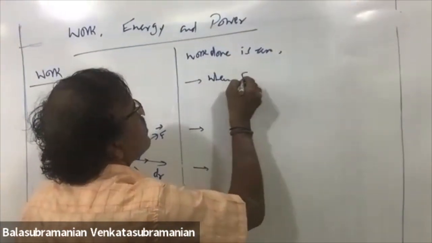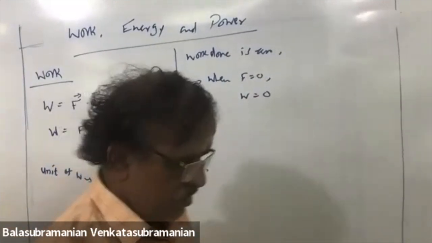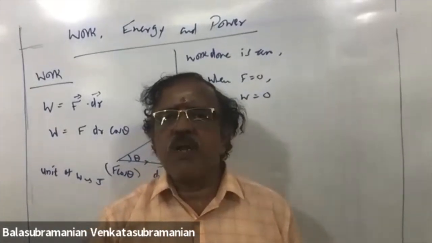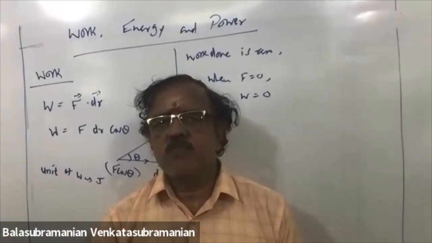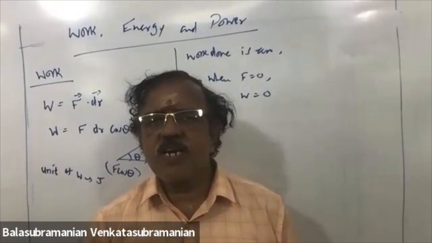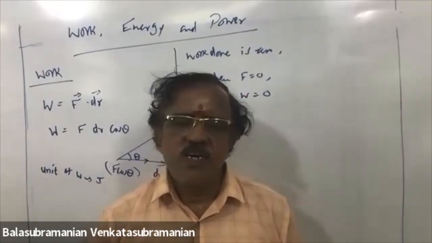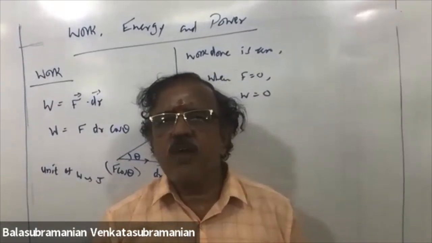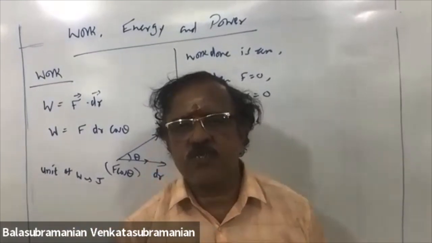First case, when F is equal to 0, W is equal to 0. Sir, you said you have to apply a force to make the body displaced. Then if the force is not applied, the work done is 0. You consider an example, a body moving on a frictionless surface, a smooth polished surface.